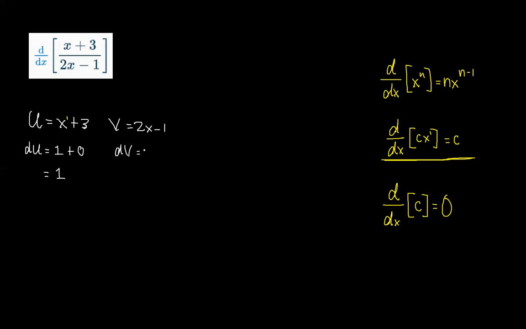So the derivative of 2x is just 2. And now minus 1. So the derivative of negative 1 is just 0, because negative 1 is a constant term. Okay? Right. So this would be just 2.